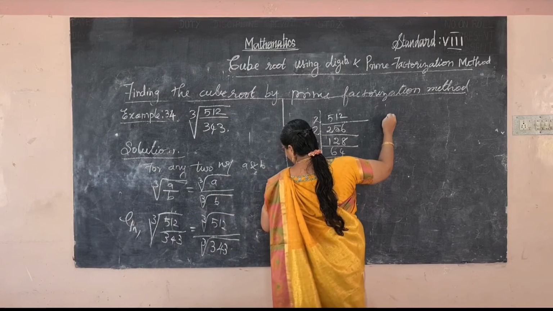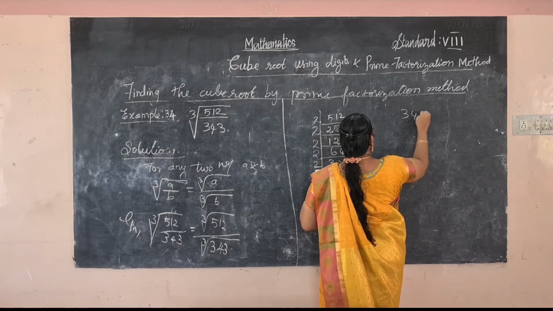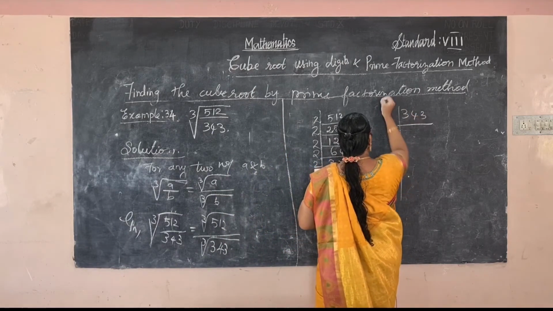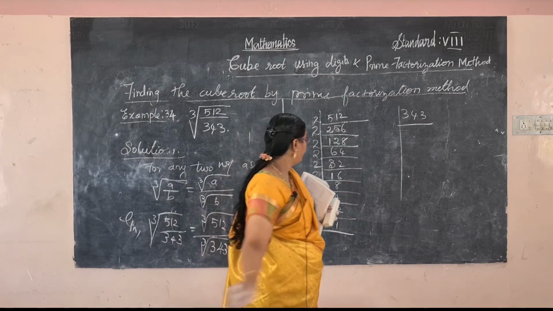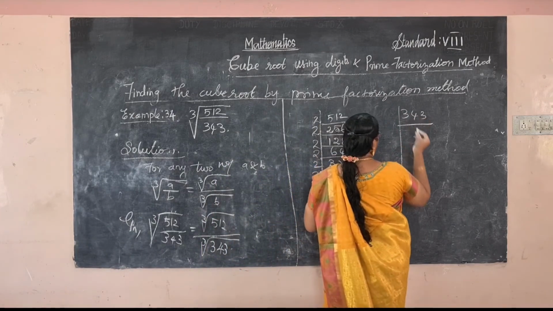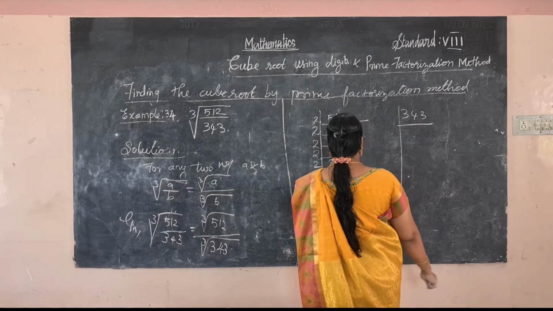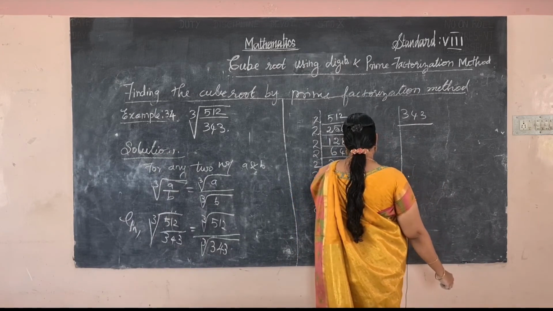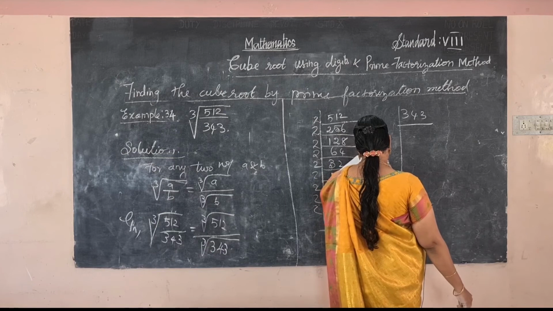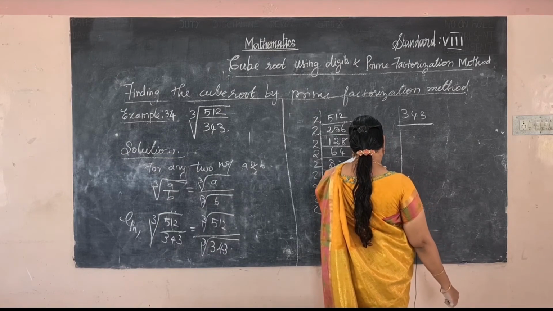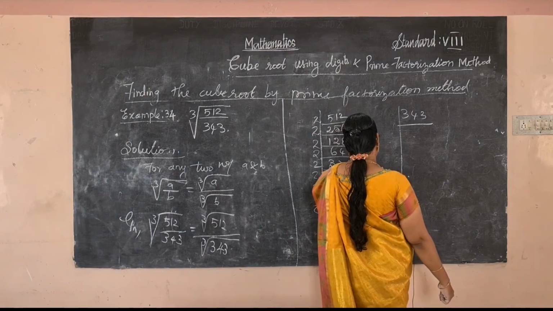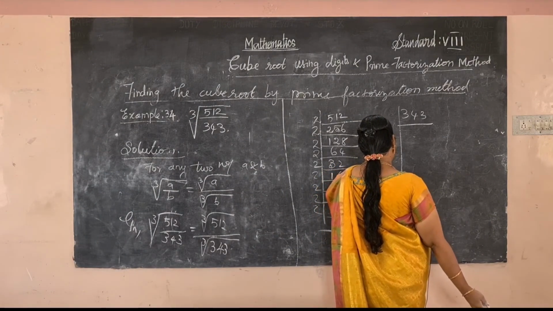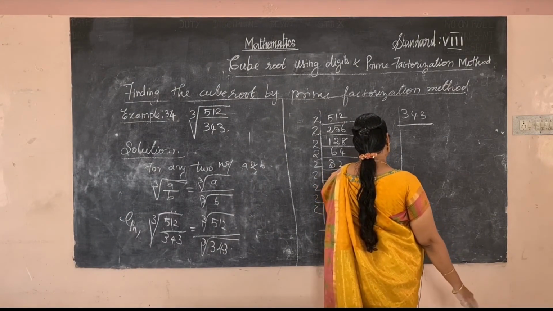And next one, 343. Is it possible to divide by the 2 table? Is this possible? 343 is no. 3 table? No. 5 table?